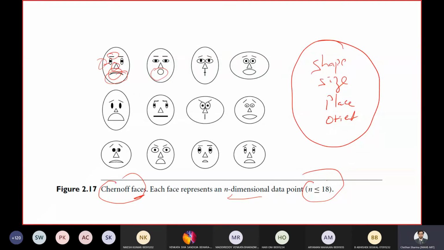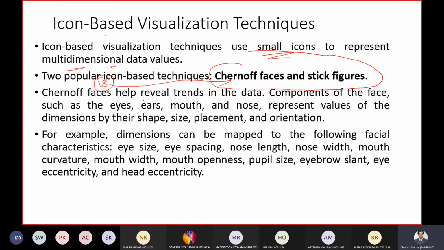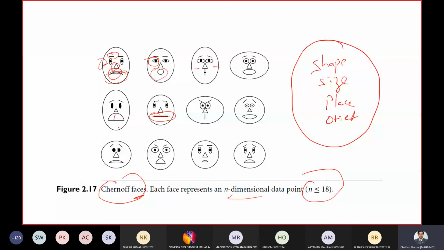So maybe you can tell if the eye size is more, or if the nose length is long, or if the nose is too wide, or maybe the mouth is wide open, or the mouth is elongated. So each means something. Here you don't know the data set, so you might not be able to tell what exactly this means.